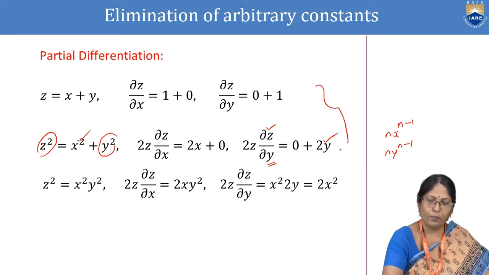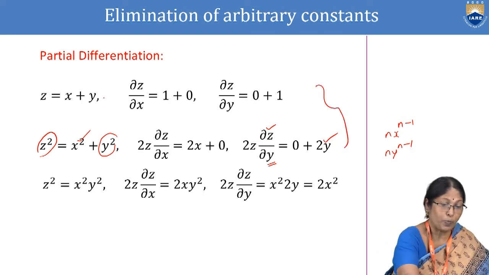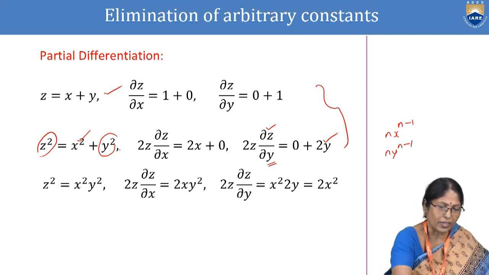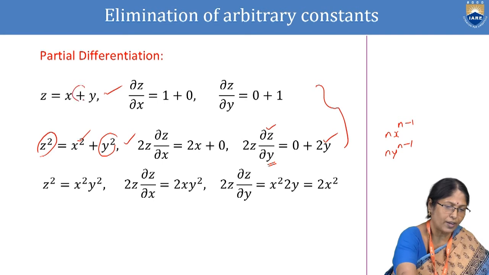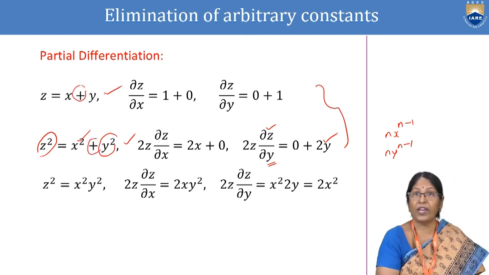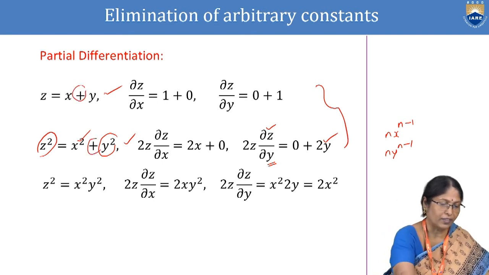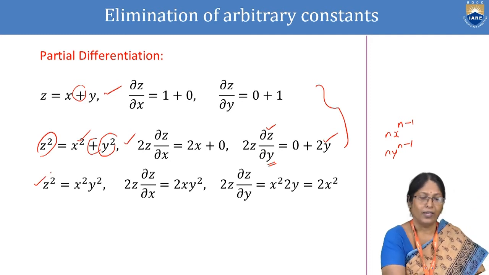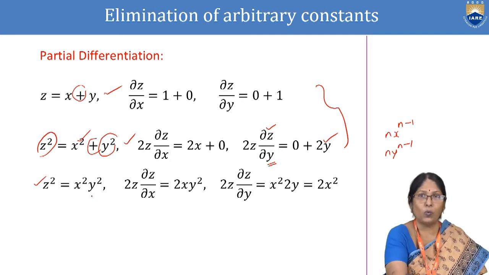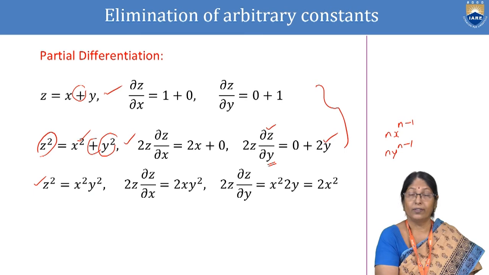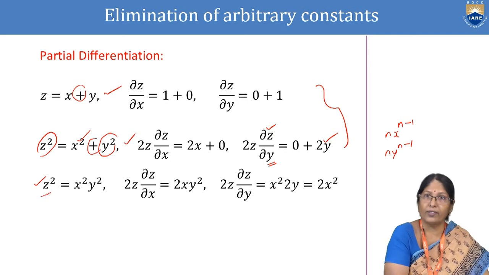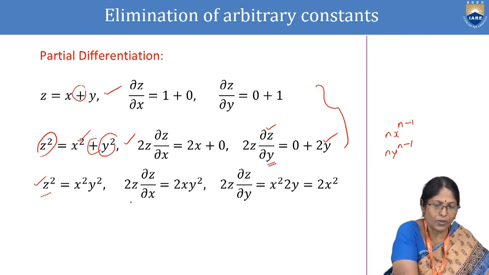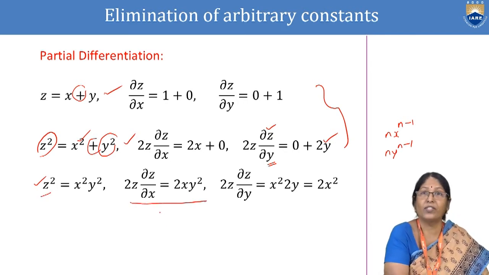These two examples, x plus y and x square plus y square, the addition operation played a role. Whereas in the third example, x square into y square, we have to be very careful. How to do it? Now, z square is there, and we do it partially with respect to x.